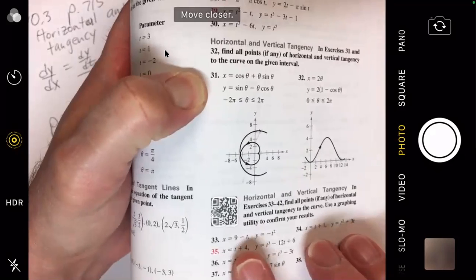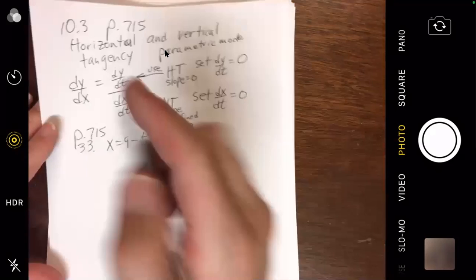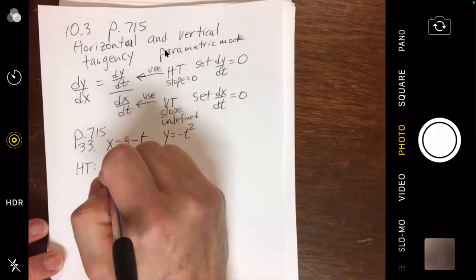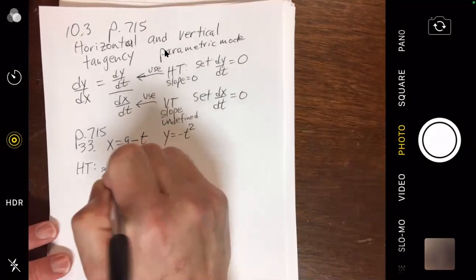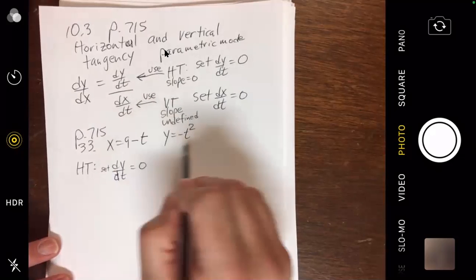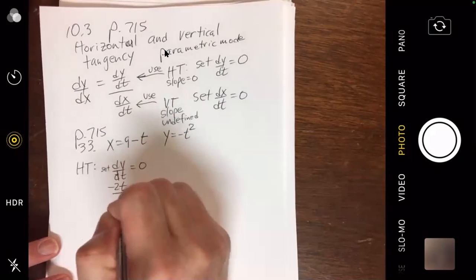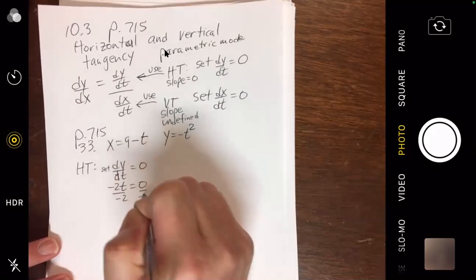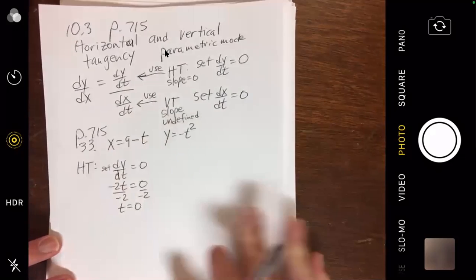We won't mess with using a graph to check the results. I guess it doesn't matter which one you do first, so we'll do horizontal tangency. We set dy/dt equals 0, and dy/dt for this is negative 2t equals 0. Divide by negative 2, and your t would be 0.